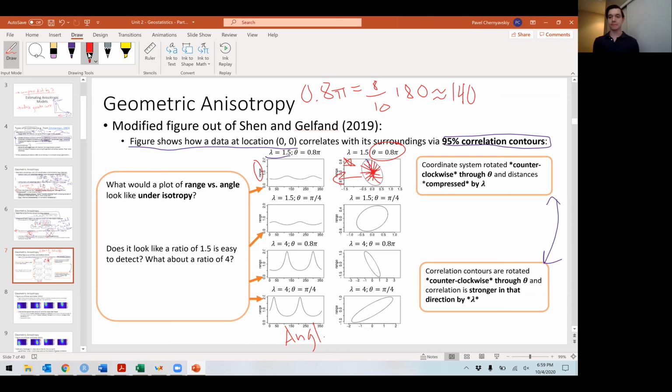We get that plot. Very interesting. Look, we are saying that 0.8 pi is about 140 degrees. That is also where our correlation range peaks. There, and of course, at twice that, which is about 280 degrees.